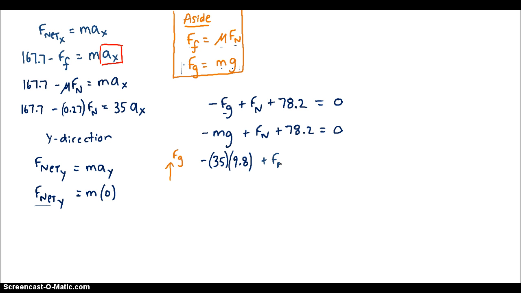Plus Fn plus 78.2 is equal to 0. So now let's get Fn all by itself. So you isolate for Fn, calculate the numbers, and you should get 264.8. So we're almost done. What we're going to do is take this number and sub it into equation 1.